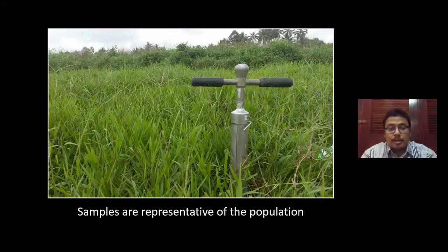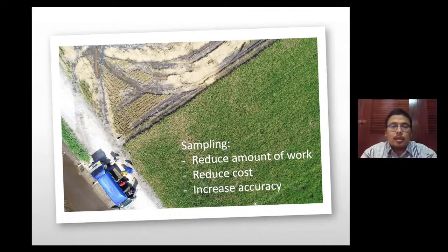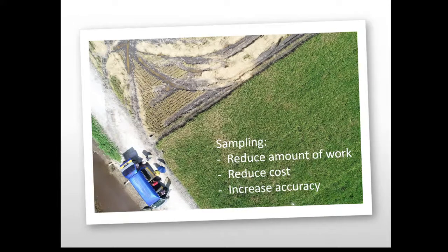In order to be reasonably sure that the results from the samples do represent the habitat as closely as possible, careful planning beforehand is essential. Sampling will not only reduce the amount of work and cost associated with characterization of a population, sampling can also increase the accuracy of the data gathered.